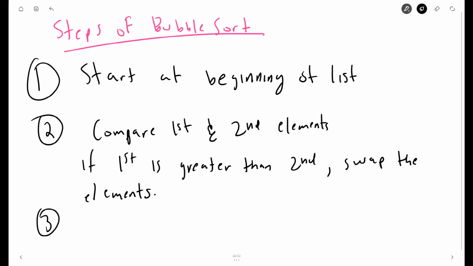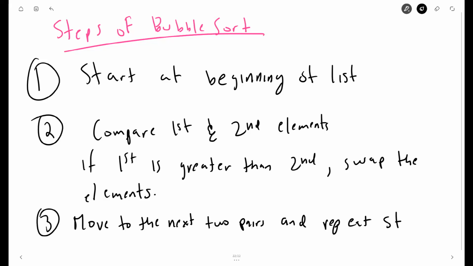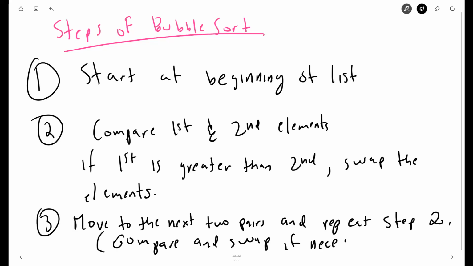Third, move to the next pair and repeat step 2. That means that you have to compare and swap if necessary.